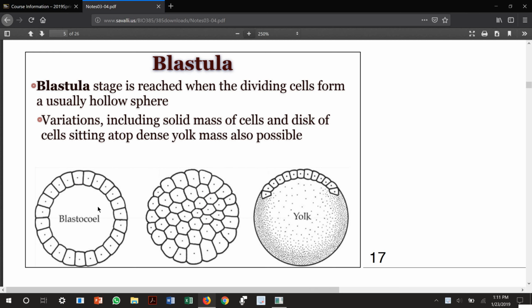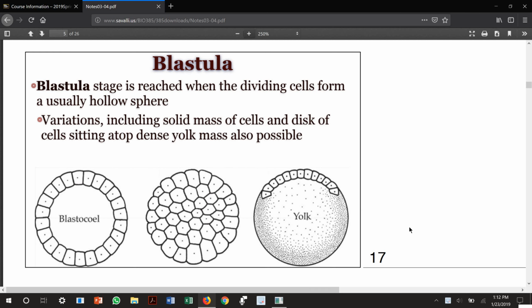Sometimes there are variations. The blastula can sometimes be a more or less solid mass of cells inside, so that's found occasionally. For those eggs that are heavily yolky, like a bird's egg, for example, most of the blastula stage will just have this dividing cell sitting on the top of a massive undivided yolk.